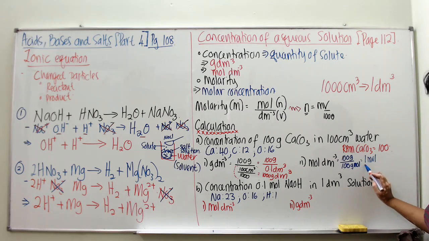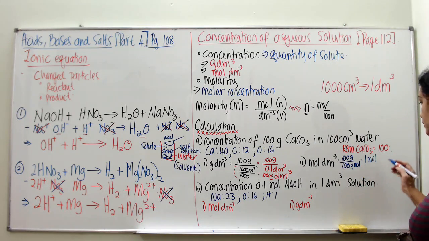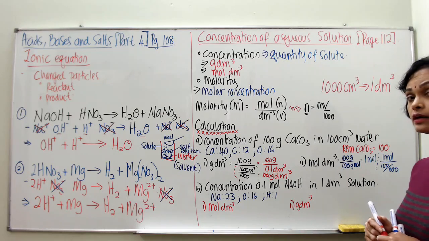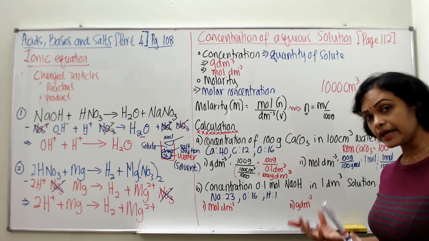Now find the concentration. Concentration is going to be 1 mole divided by 100 divided by 1000. Why divide by 1000? Because we are going to convert cm cube into dm cube.